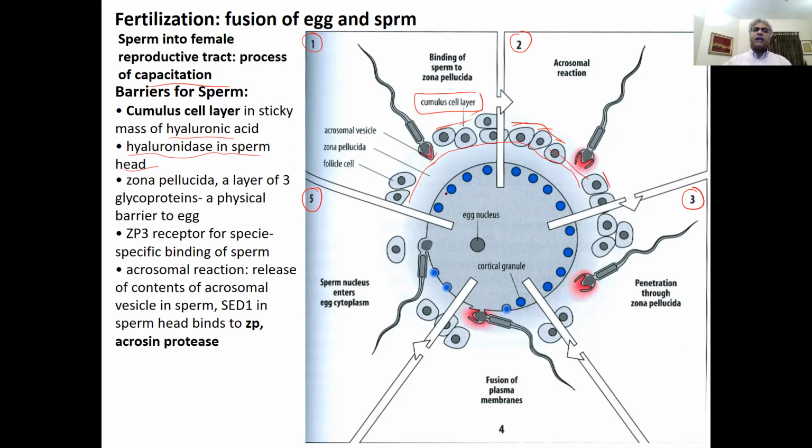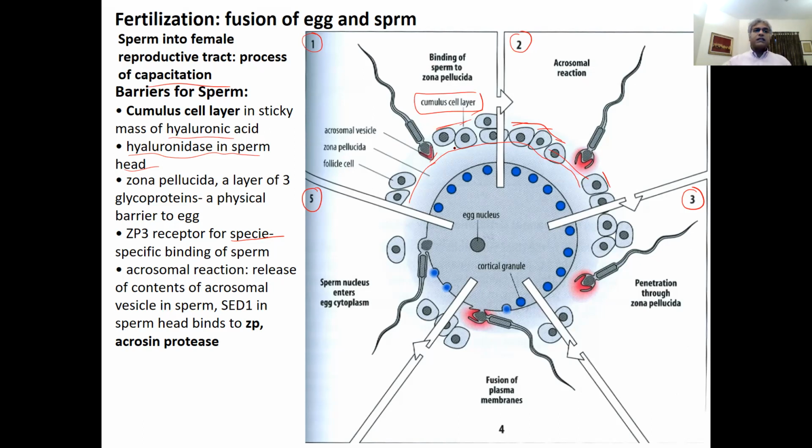Now, this is the place which provides species specificity, where the sperm cell gets selected and it is ensured that this sperm actually belongs to the right species and must be allowed to enter.